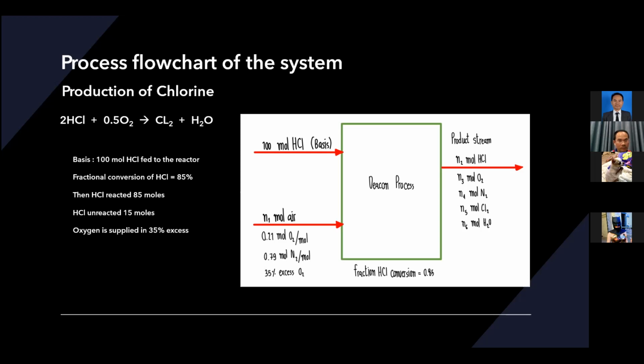Not all of it is converted, which means only 85 moles of HCl react and another 15 moles do not. Oxygen is supplied in excess of 35%. The nitrogen goes with the oxygen in the air, and chlorine is produced during the process together with water.